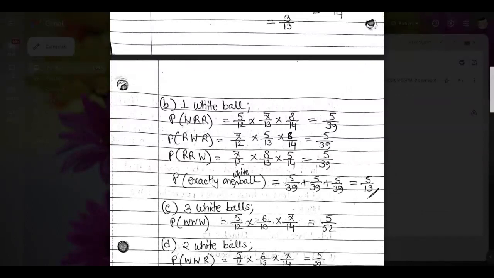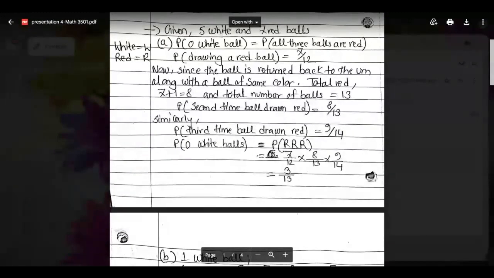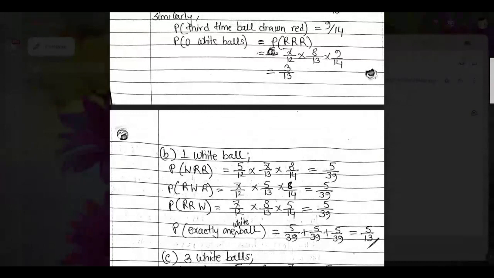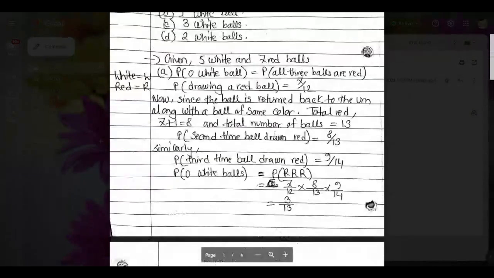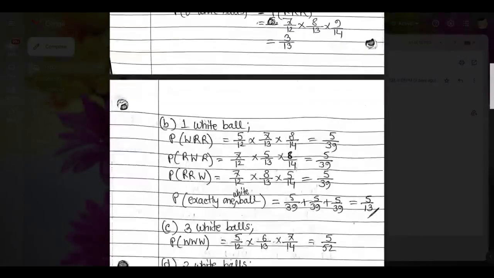So the probability of white is 5/12, 5 white balls over the total 12, multiplied by 7/13. 7 is the red balls, and over 13, we're going to add an additional ball in the second row. So it's going to be 12 plus 1, 13, and then the third time is going to be 13 plus 1, 14.